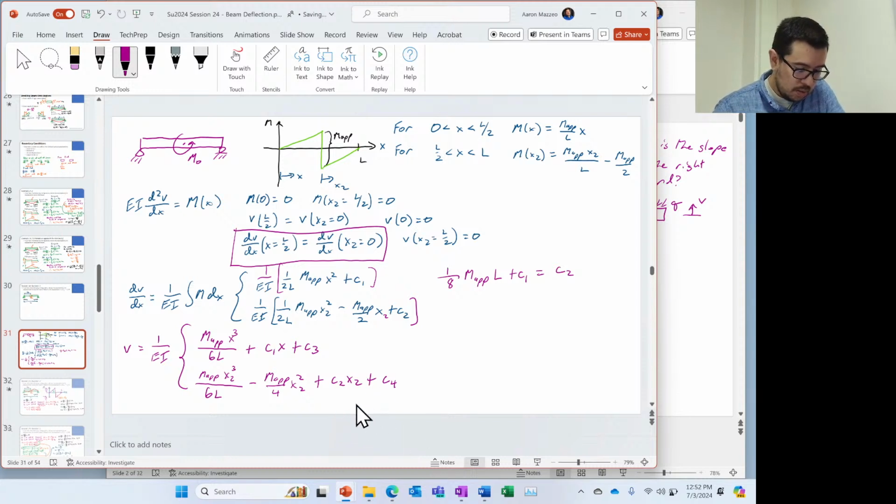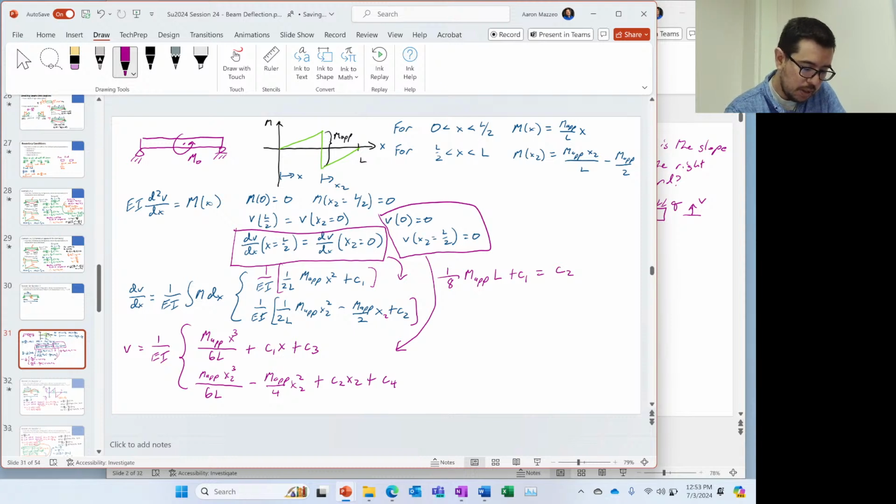All right, so now we can plug in these relationships into these equations. All right, so we're going to use these, which were used here, and these are going to be used here.